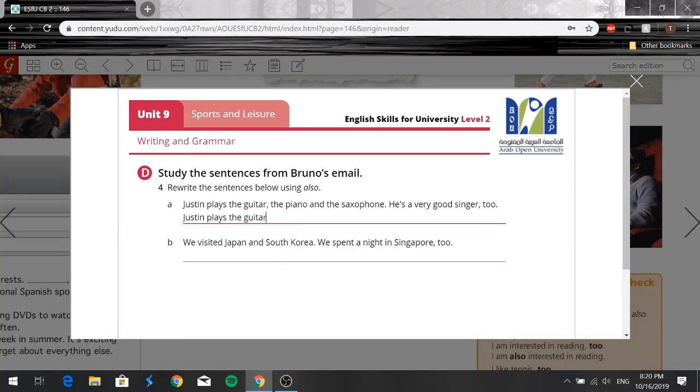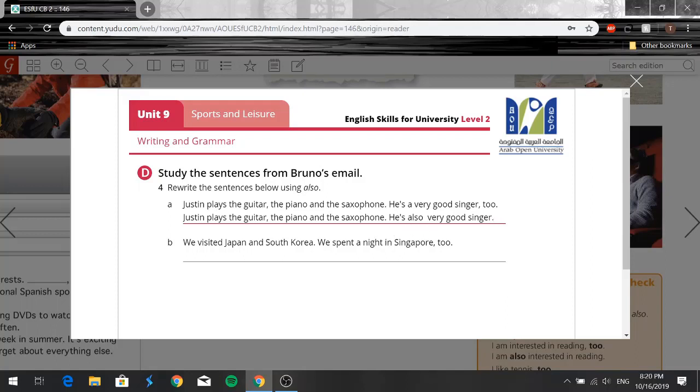Justin plays the guitar, the piano, and the saxophone, right? Full stop, and we'll also say he's also a very good singer, right? So it's basically the exact same meaning, I just use also instead of too.